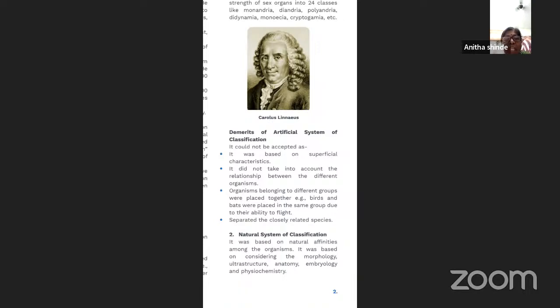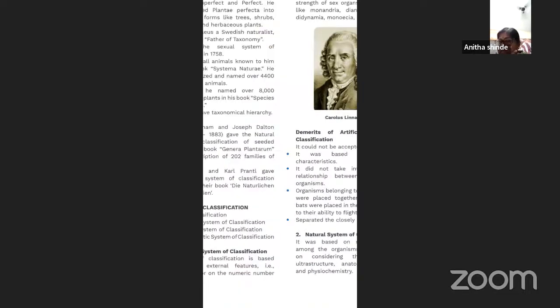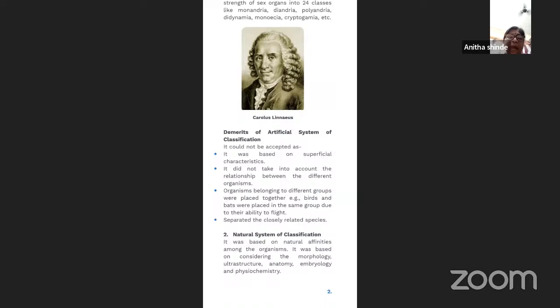It has stressed morphology and ultrastructure, that is anatomy. Anatomy means both the ultrastructure as well as the internal and external structure, and embryology, and also physiological chemistry. Now we'll see how, under the natural system of classification, the animals as well as the plants have been classified.